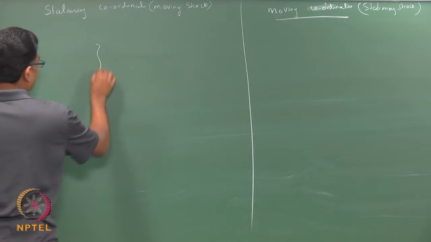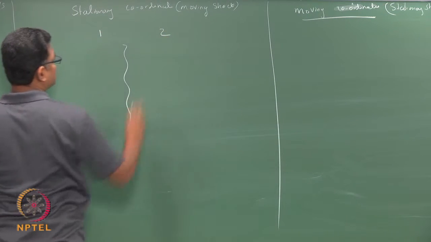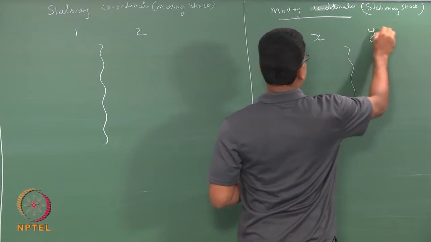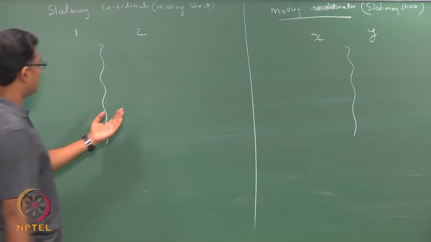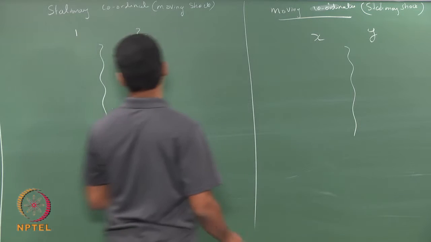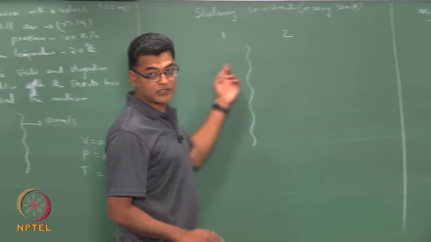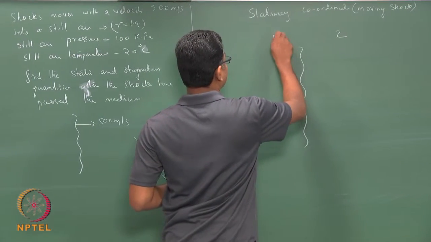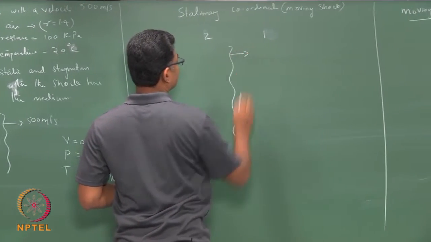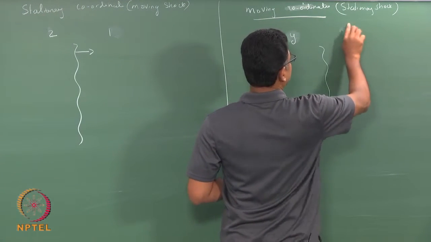So I have a shock here, is 1 and 2. I have a shock here with x and y. Okay. So the shock is moving this way. Maybe I will write it the way we had written. It was 1 and 2 the other way, right? So we will say this as 2 and 1. So the shock is moving with some velocity, and this is y and x.